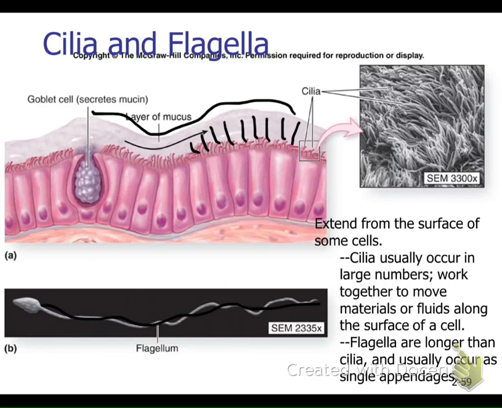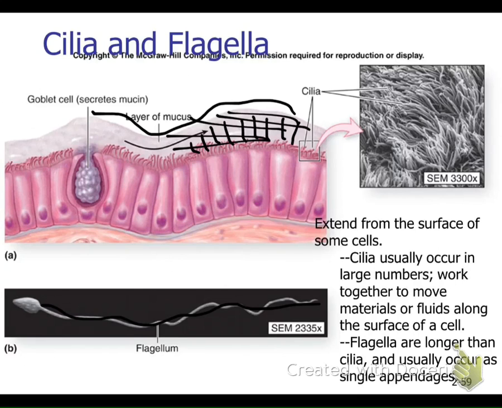Any kind of particulate or dust product is going to get caught up in that mucus, stuck inside our airways, and then the cilia will beat in one direction, and the direction they're going to beat is moving it out of the body. So it's going to try desperately to get rid of that stuff and move it back up your trachea so that you can swallow it. Right? We're always swallowing those secretions coming up and out of our airways.